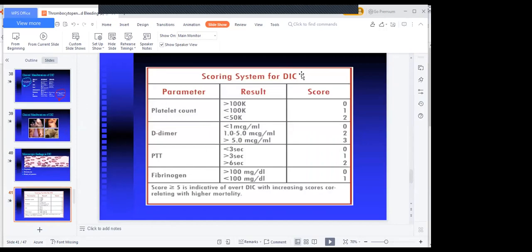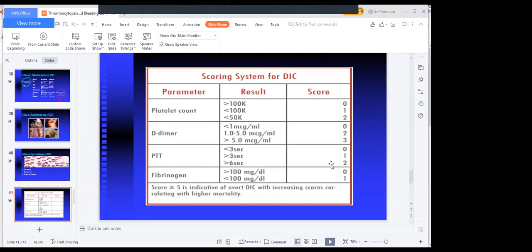By scoring system, we diagnose DIC. Platelet count more than 100,000 is a score of 0, less than 100,000 is a score of 1, and less than 50,000 is a score of 2. D-dimer less than 1 microgram is 0, 1 to 5 is 2, and more than 5 is 3. PT, if prolonged by less than 3 seconds, is 0, more than 3 seconds is 1, and more than 6 seconds is 2.